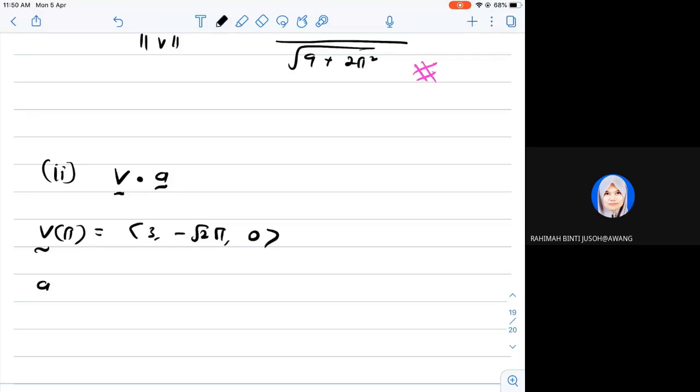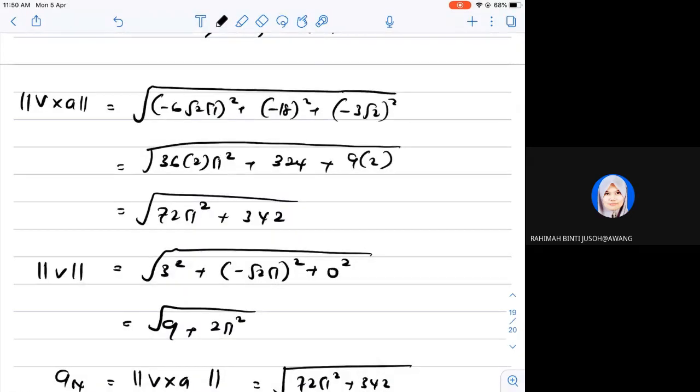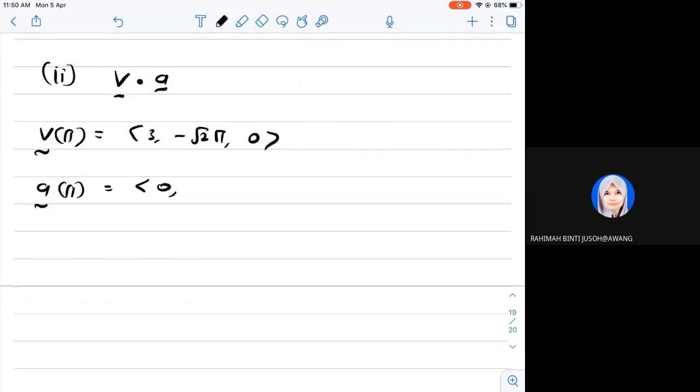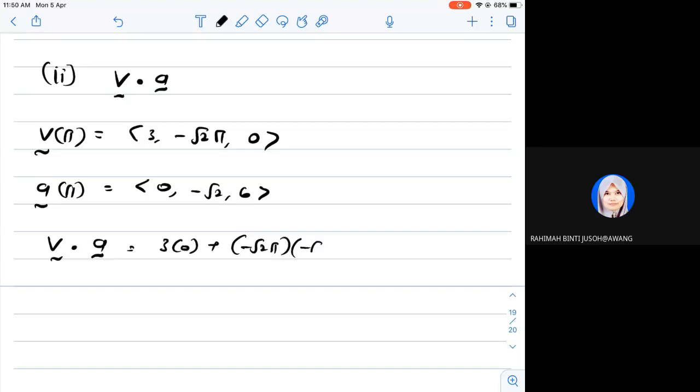And then A at pi we have 0, negative square root 2, 6. So V dot A, just multiply. 3 times 0 plus negative square root 2 pi times negative square root 2 plus 0 times 6.